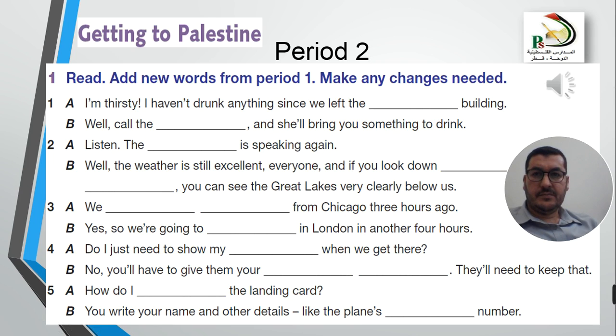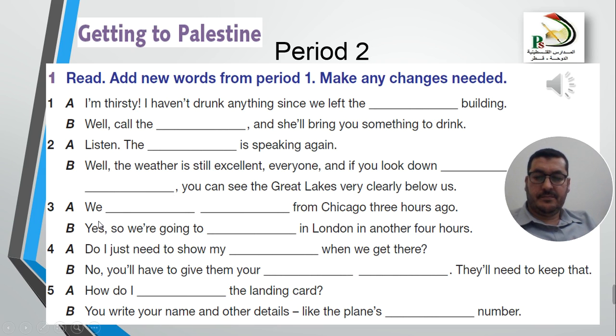1. A. I'm thirsty. I haven't drunk anything since we left the airport building. B. Well, call the attendant and she'll bring you something to drink. 2. A. Listen, the captain is speaking again. B. Well, the weather is still excellent, everyone. And if you look down right now, you can see the Great Lakes very clearly below us. 3.